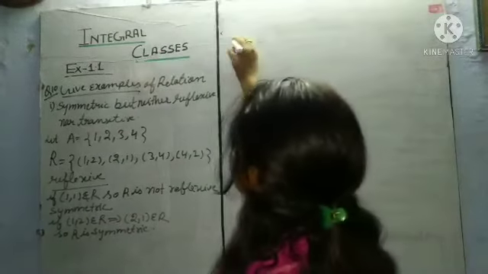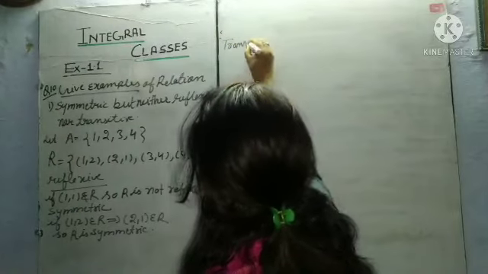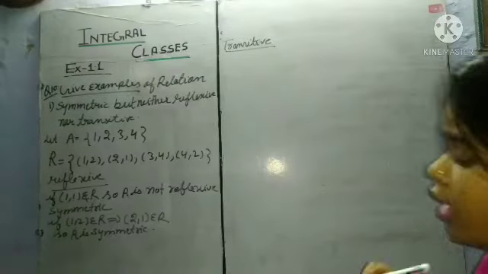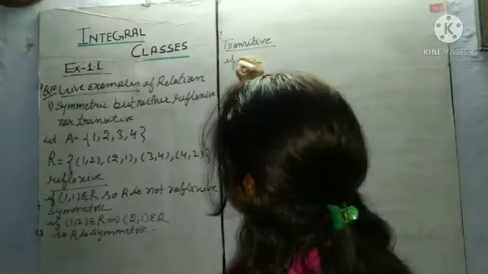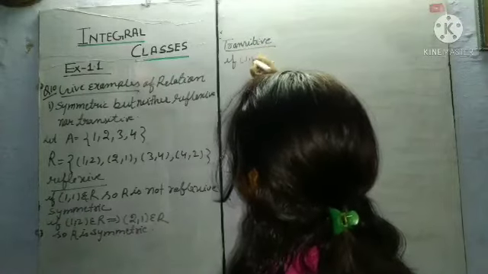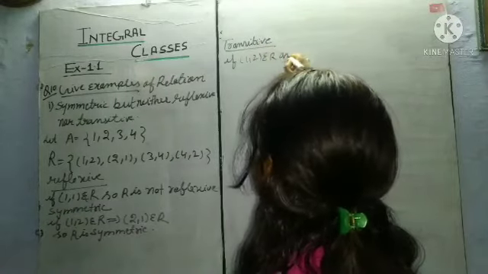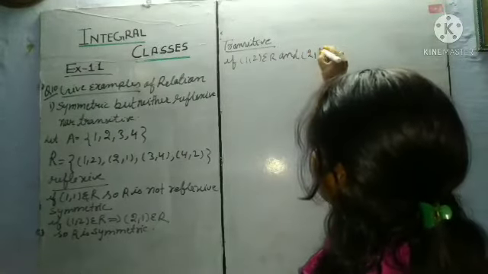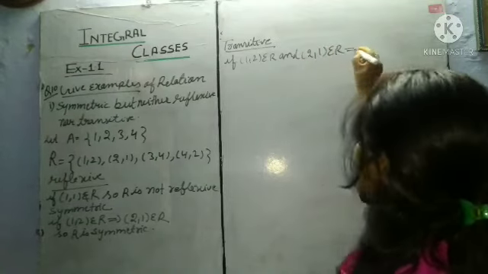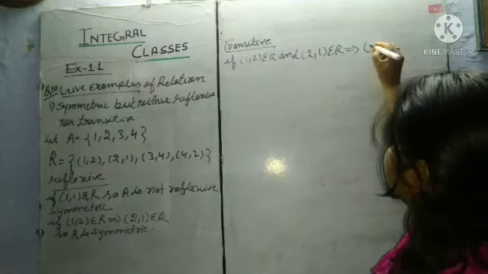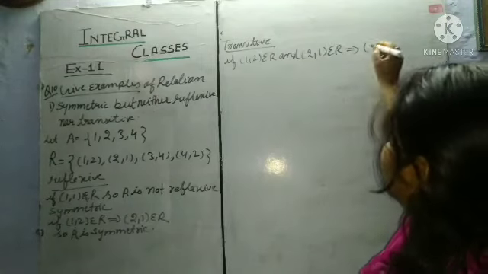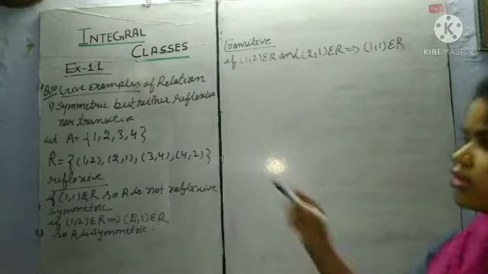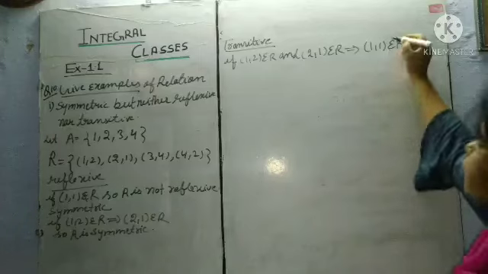Now for R being transitive, we will consider an example. If 1, 2 belongs to R and 2, 1 belongs to R, then it should imply that 1, 1 belongs to R. But as we observe, in this relation we do not get this type of pair.